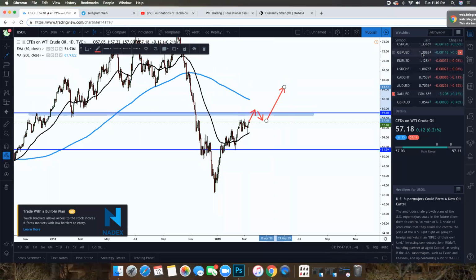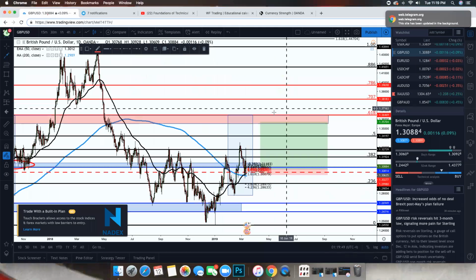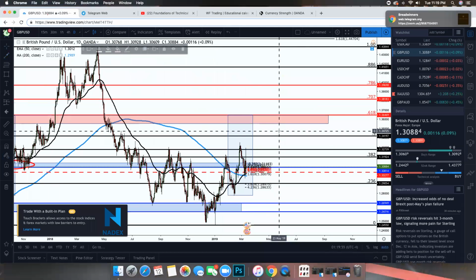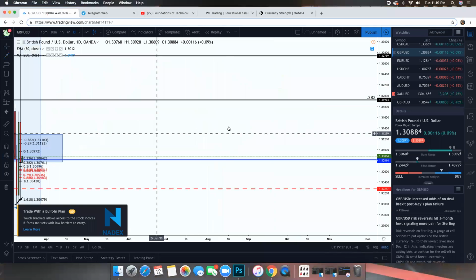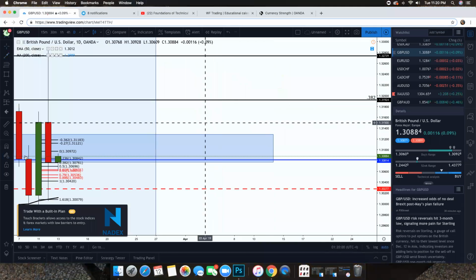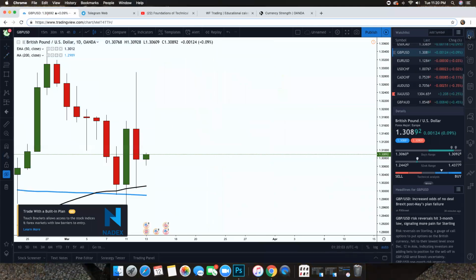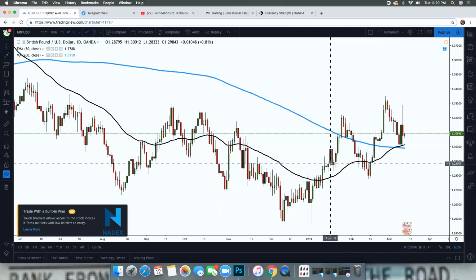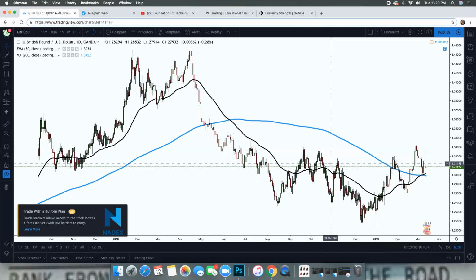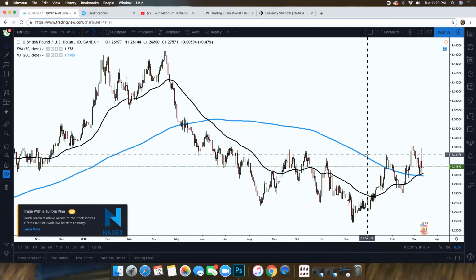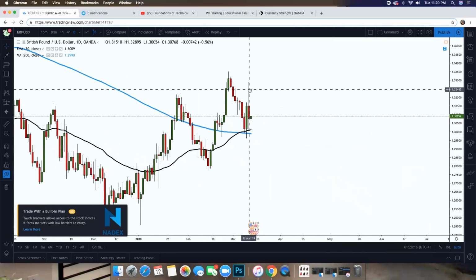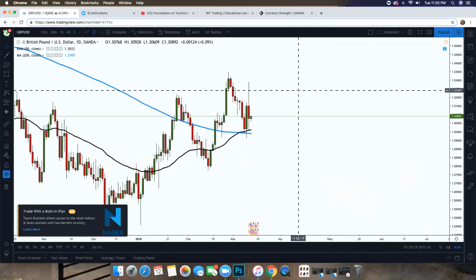So that's that. Right now, if we go to GBPUSD, we can see that I had a buy setup, but I don't know how I feel about that buy no more. If we look at this on the daily time frame, this last red candle was really bearish.